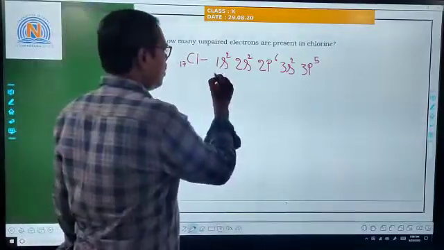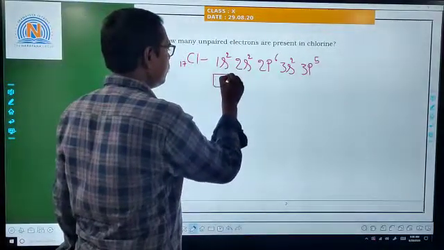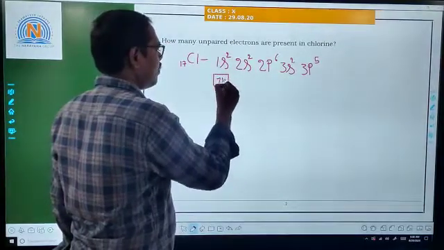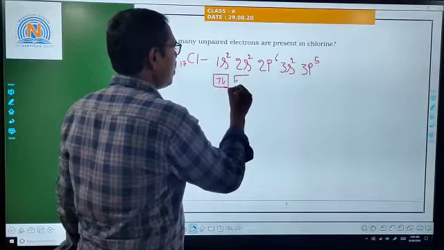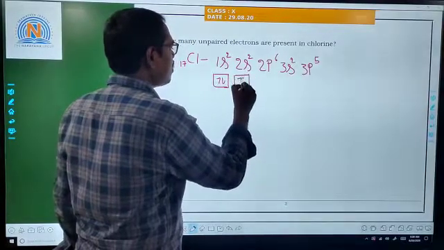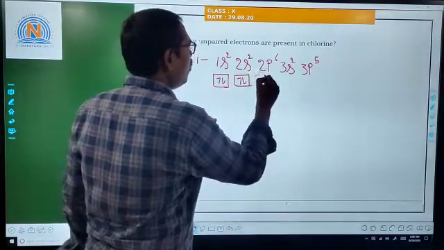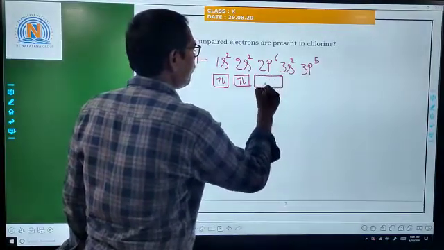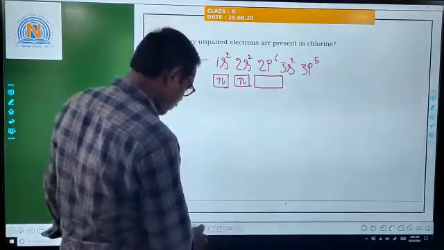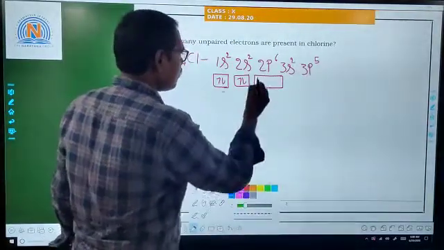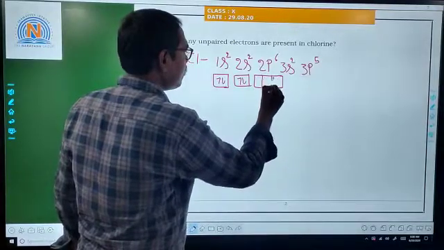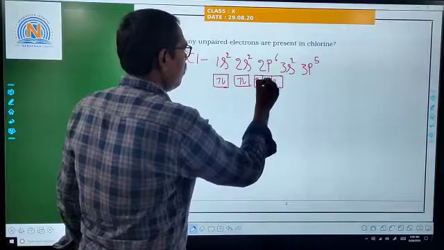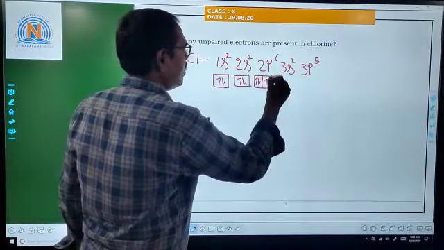If you write the orbital structure, in 1s orbital 2 electrons are present. In 2s orbital 2 electrons are present. In 2p orbital 6 electrons are present: 1, 2, 3, 4, 5, 6.